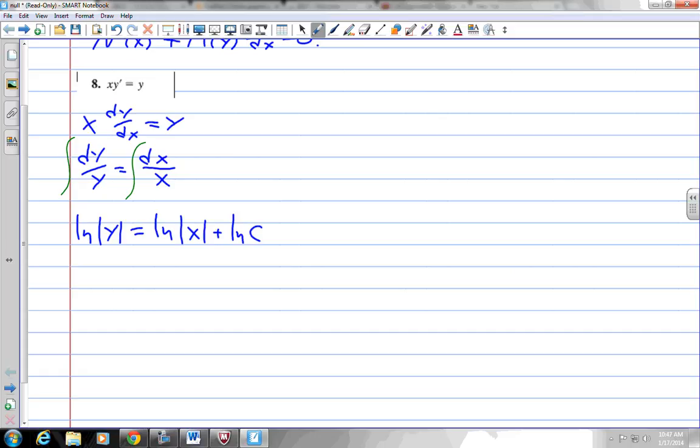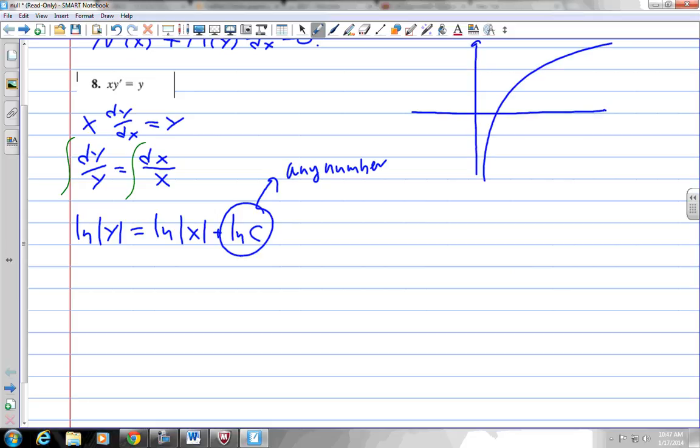Right, c can be negative, but think about this. This could be any number. Because what's the range of a natural log? It's all real numbers. So whatever you think that constant is, I can always express it as a natural log of this. Does that make sense?